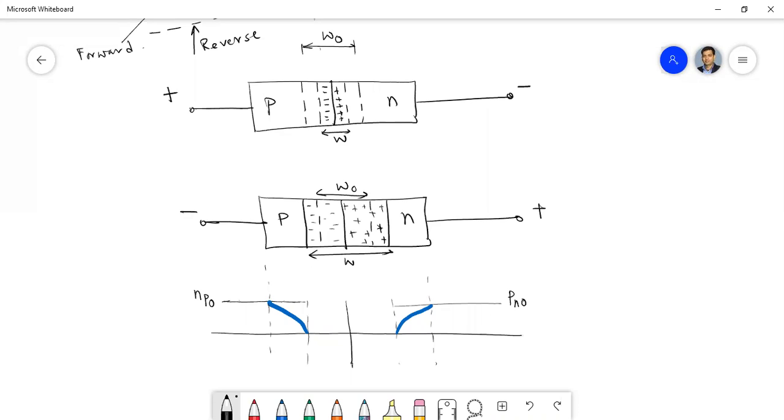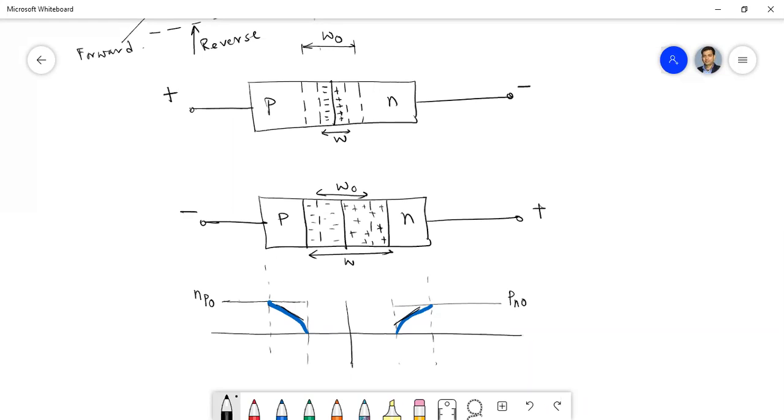P and N substrates. So due to this gradient, even if this gradient is very small, there will be some minority carriers diffusing towards the depletion layer. This gradient will create some diffusion across the depletion layer.